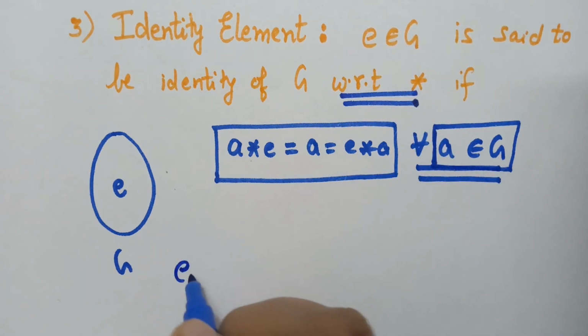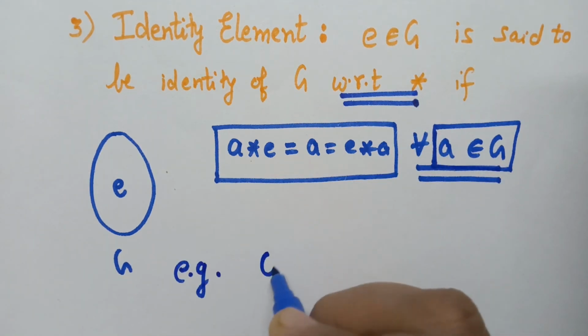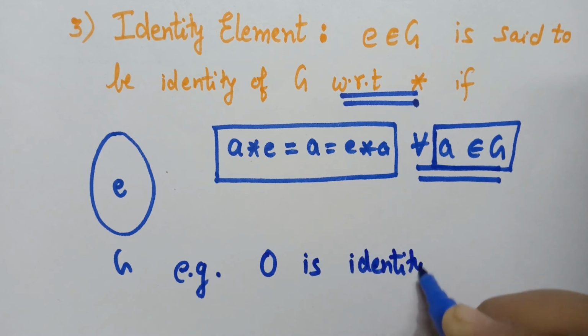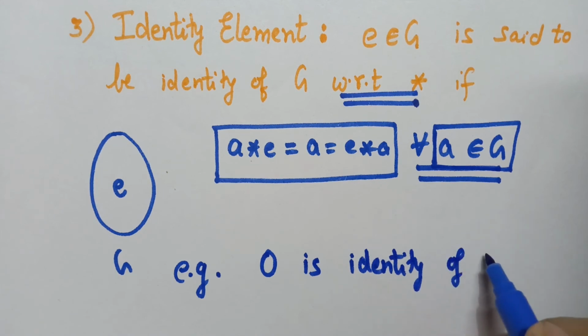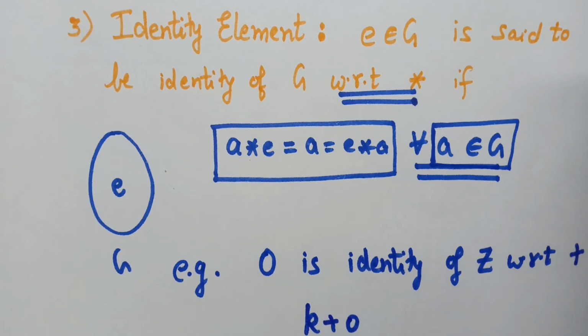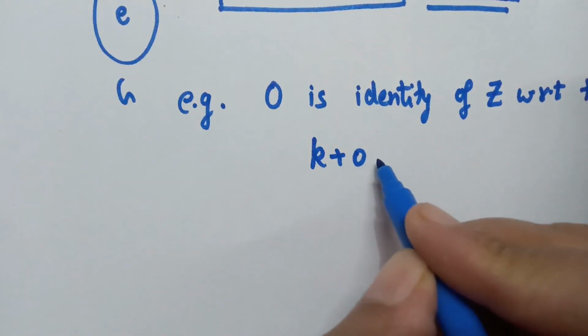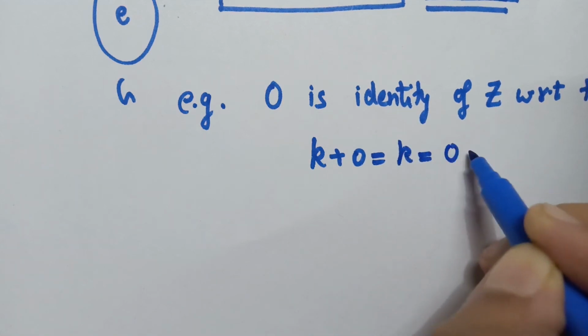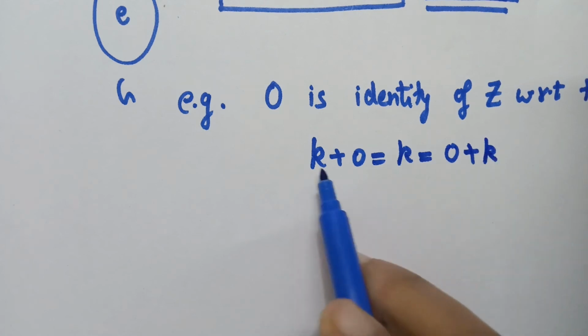For example, 0 is identity of the set of integers with respect to addition, because when 0 is added to any integer, the answer would be that integer, irrespective of the order in which 0 is added to that integer.